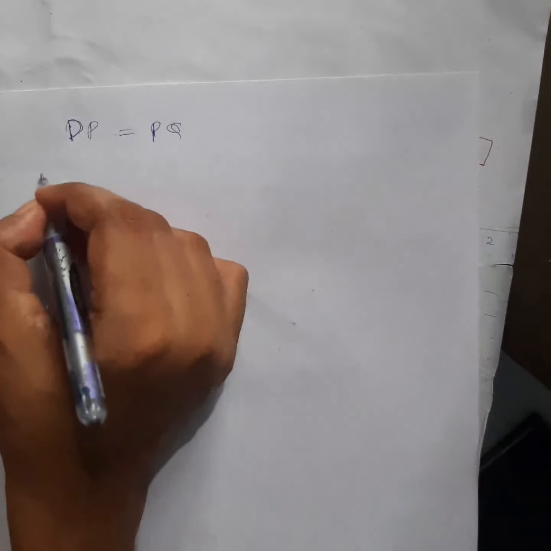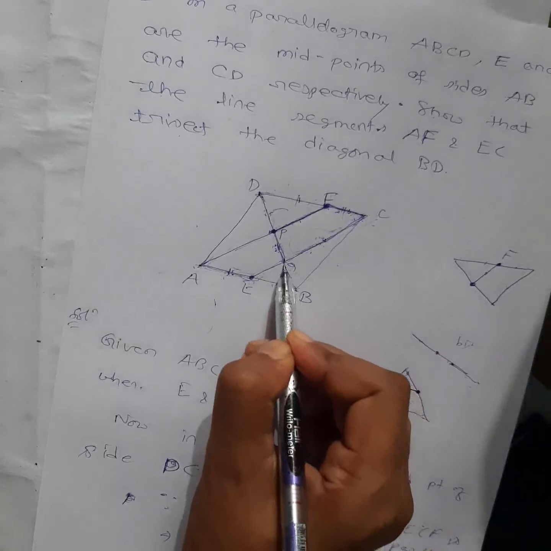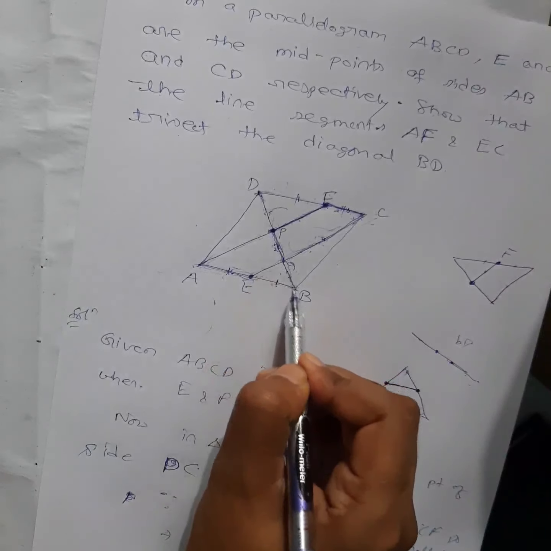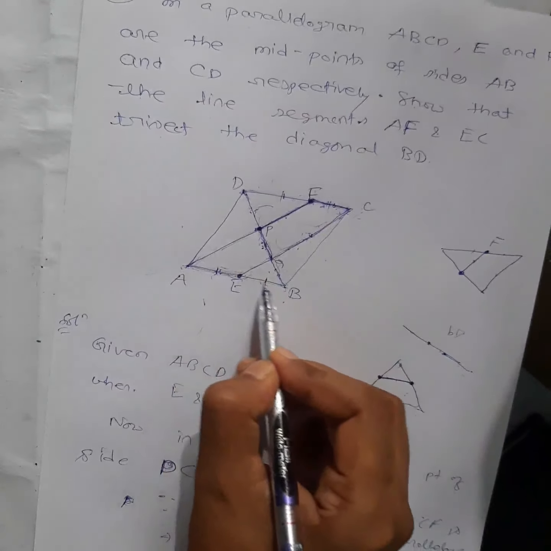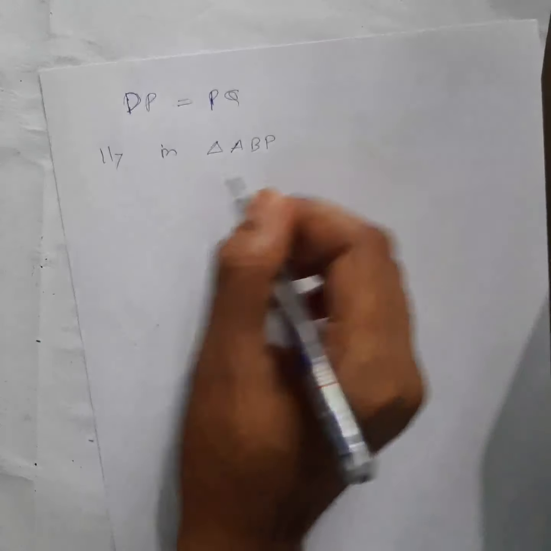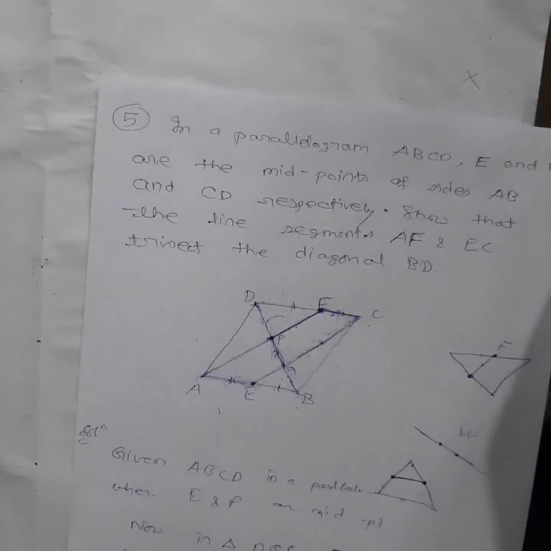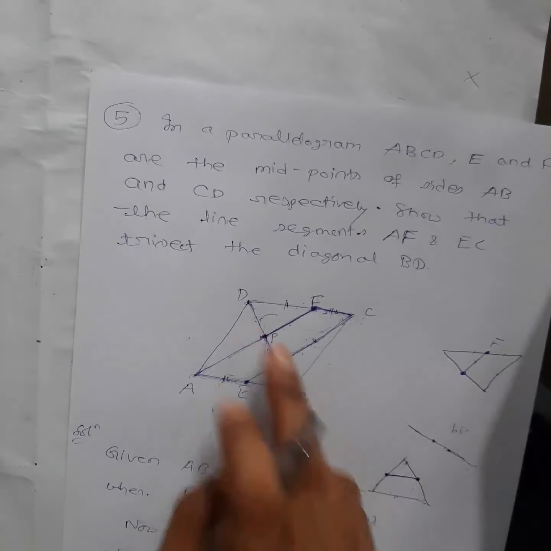What I will write? Similarly in triangle, which triangle you will take now? I have to show this and this equal. So this line is falling under which triangle? Can you see this triangle? So in triangle BPA or ABP, BQ is equal to QP.